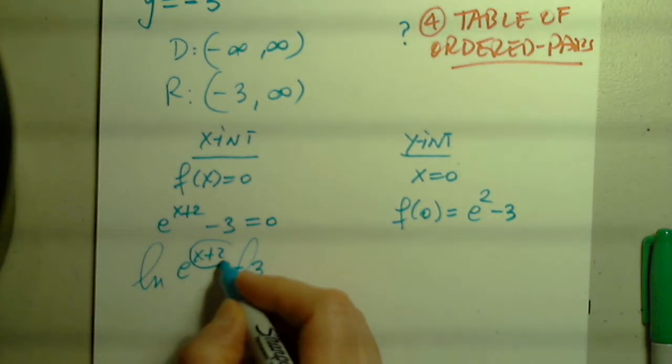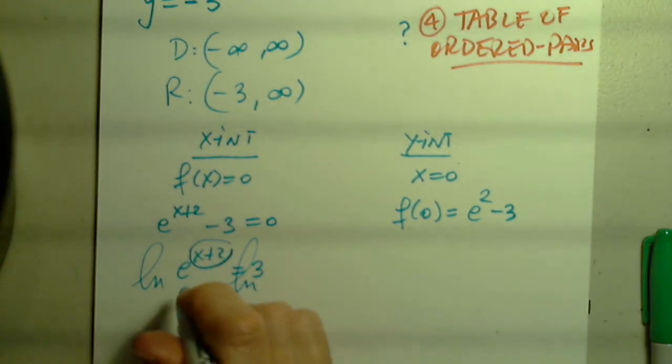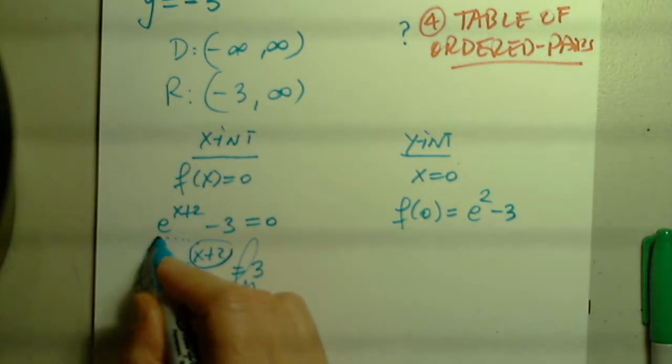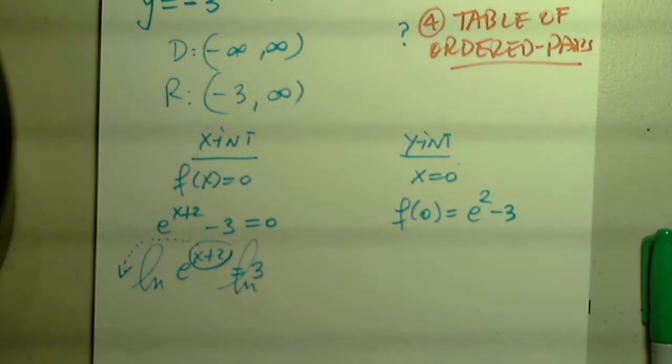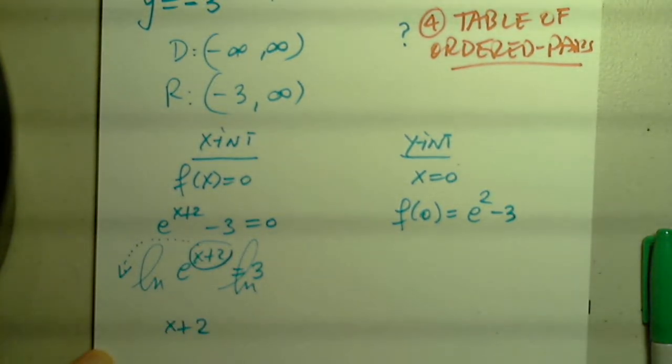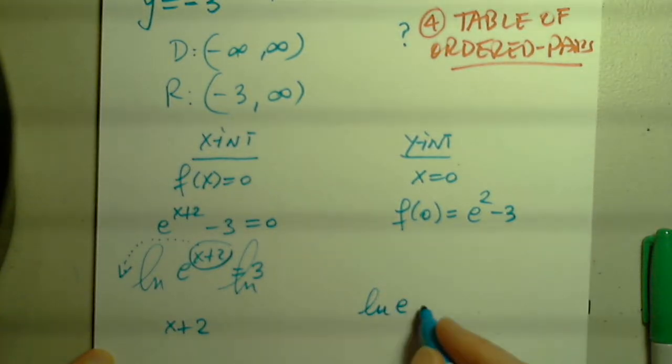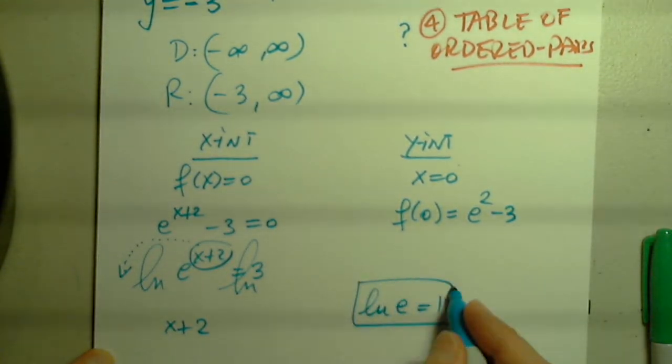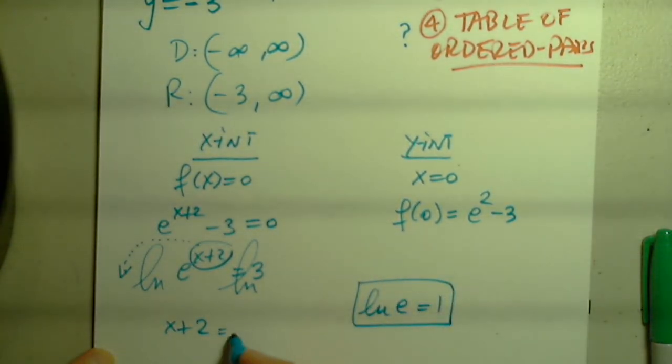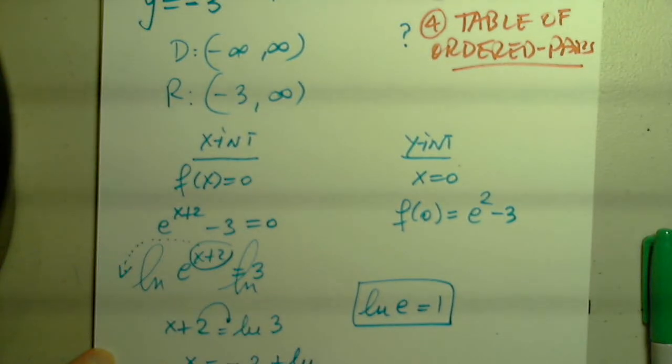And remember the natural log rules, or any log: a power goes in front as a factor. How much is natural log of e? 1. Very good. So then this will be natural log 3. So x will be -2 plus natural log 3.